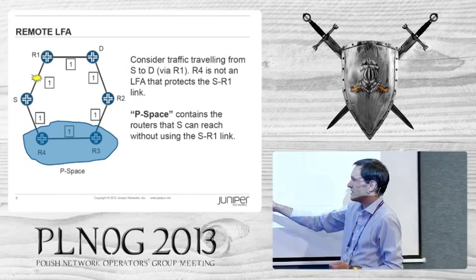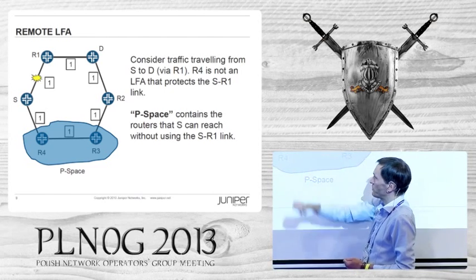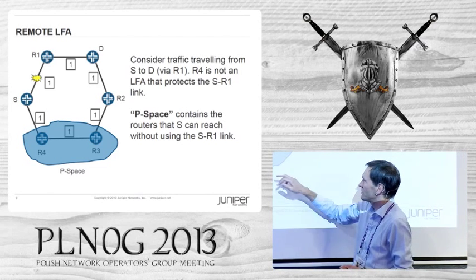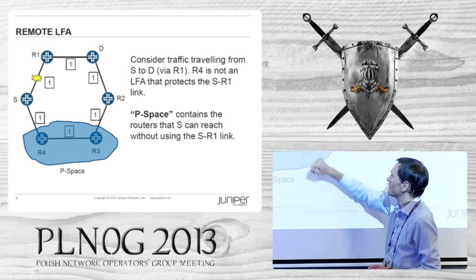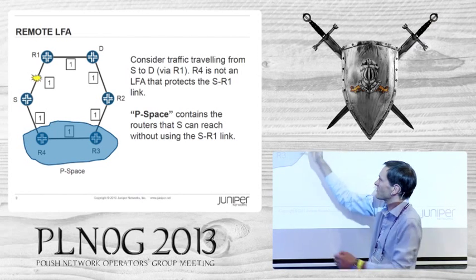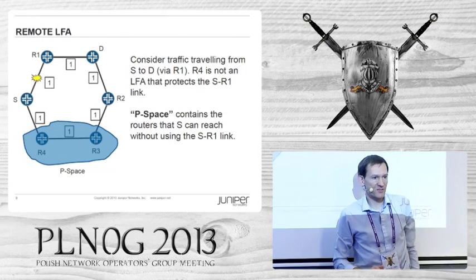So if S were sending a packet to R4, he would just use this link, so that doesn't use the link that we're protecting. If S was sending a packet to R3, it would use this link as well, so that's in the P space. R2 in this definition isn't in the P space because S could send traffic either way around the ring to reach R2, so it's not in the P space.